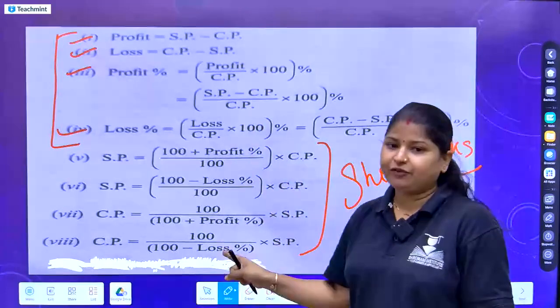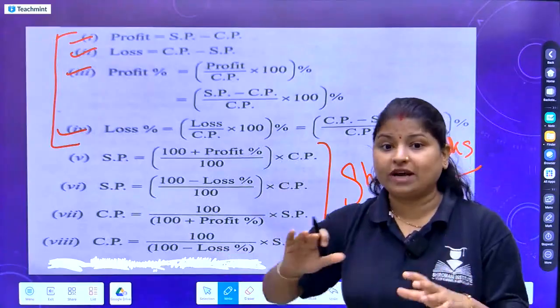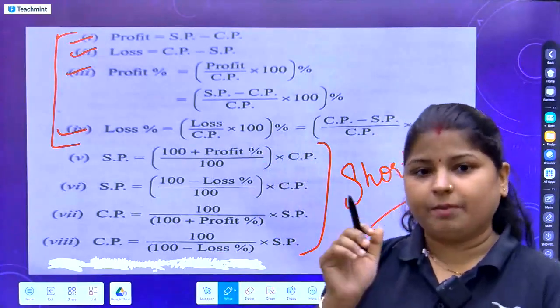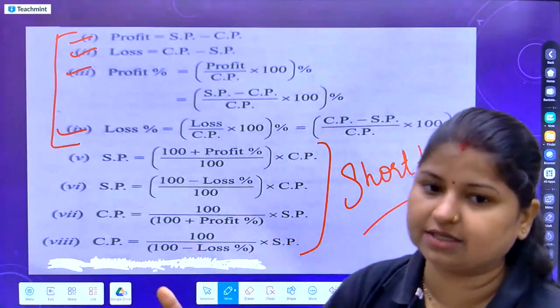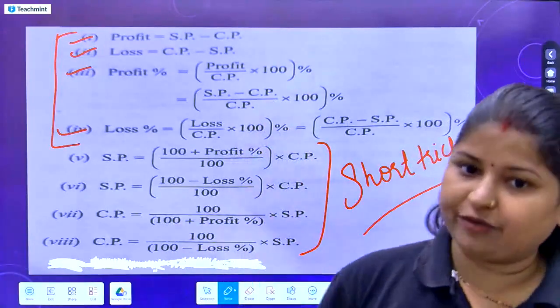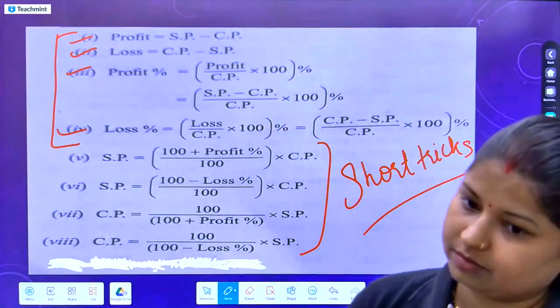So only 8 formulas are there. There are many more formulas that we will do once we finish the concept of this. First, you will learn all these 8 formulas, okay? Any doubts in this, do let me know.